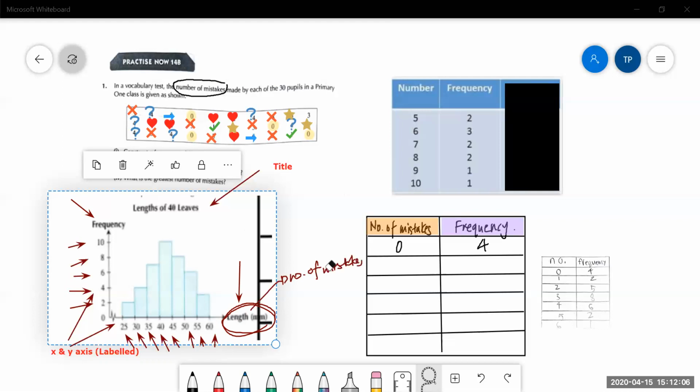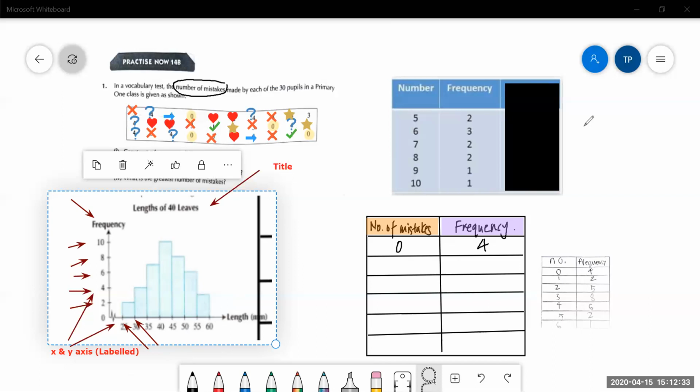If you understood this, I want to explain something else to you. Usually students have this misconception. They'll ask, Kenny, should I label my number here, or should I label it in the center?